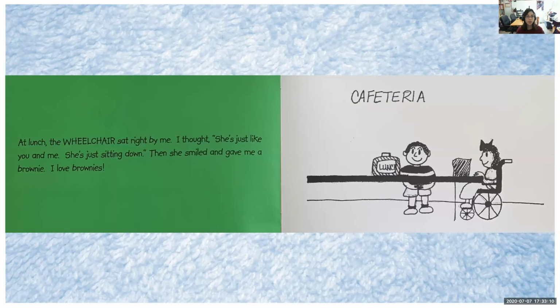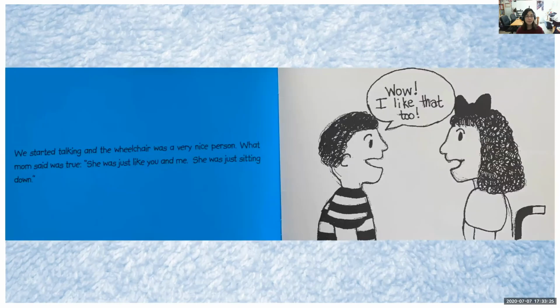At lunch, the wheelchair sat right by me. Then she smiled and gave me a brownie. I love brownies. We started talking, and the wheelchair was a very nice person. What Mom said was true. She was just like you and me. She was just sitting down.